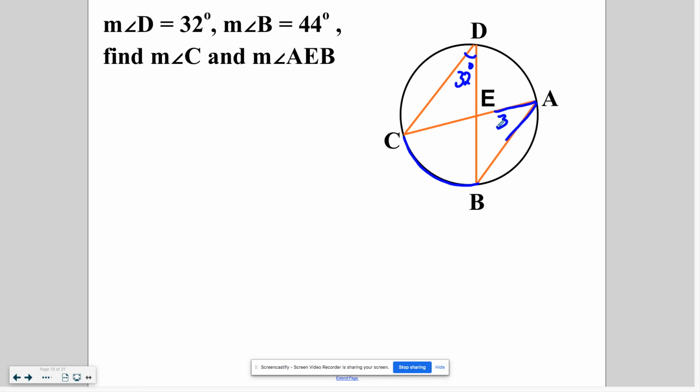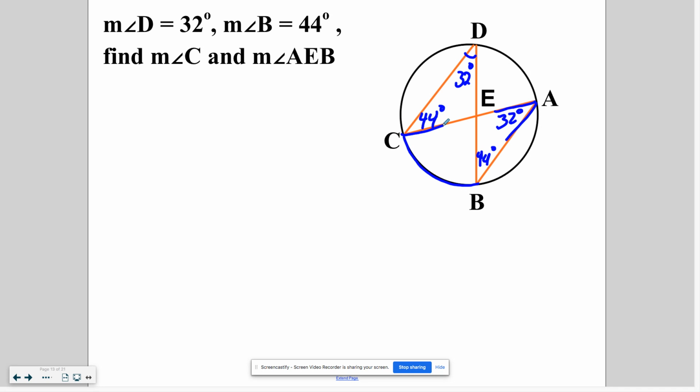So I immediately know this has to be 32. Doesn't take any time. They tell us angle B is 44. And again, I could go through the whole, there's 180 degrees in a triangle and make vertical angles and work my way through it, but I really just can jump over here right away and say, oh, look, this is 44 as well, because I know those are inscribed angles.